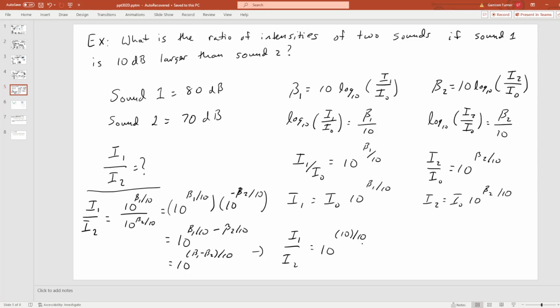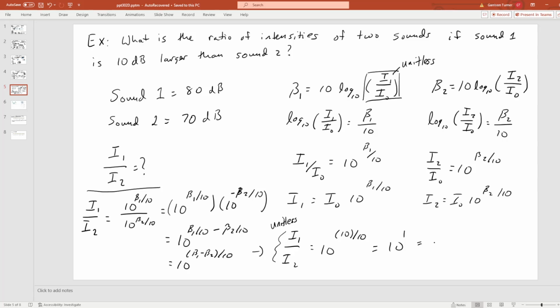I didn't explicitly state that in the previous video, but decibels is unitless because the arguments of logarithms have to be unitless. So intensity divided by intensity is unitless, and ratios of intensities, by the same logic, are also unitless. Now, this is equal to 10 to the 1.